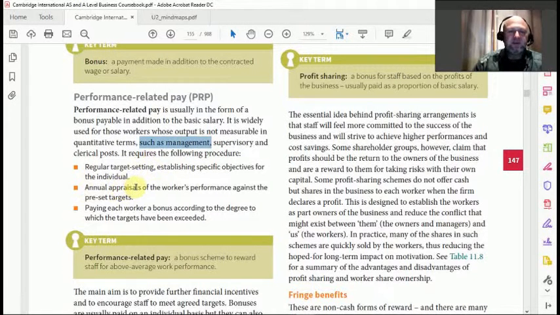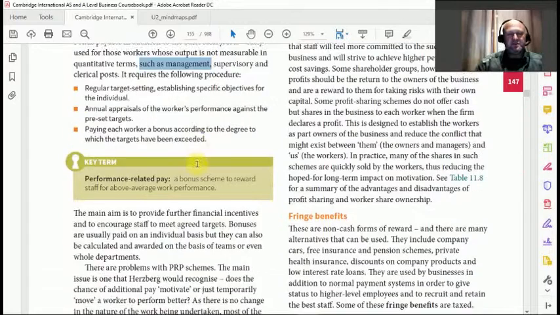Annual appraisals of the workers need to be taken into account, and each worker is paid a bonus according to the degree to which the targets are being exceeded. So that is performance related pay, not bonuses. Okay, so it's a type of bonus scheme, but it's in addition to the basic salary.